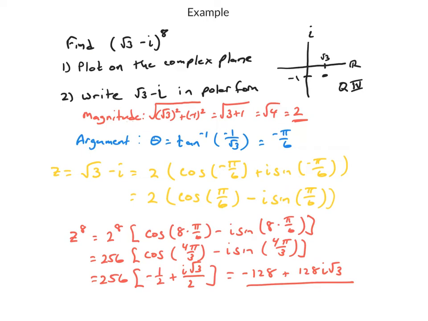Distribute the 256 inside. 256 times negative 1/2 is negative 128, plus 256 times i square root of 3 over 2 is 128 i square root of 3. So this would be the 8th power of square root of 3 minus i; the 8th power would come out equal to that.